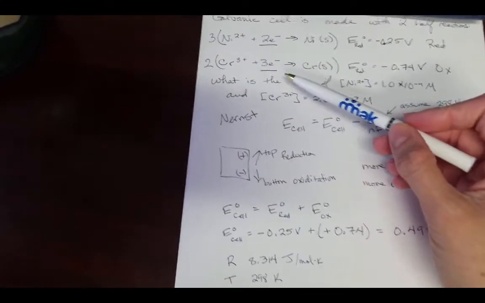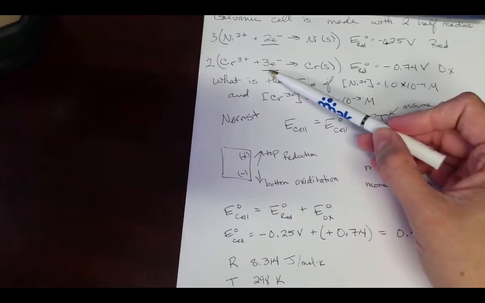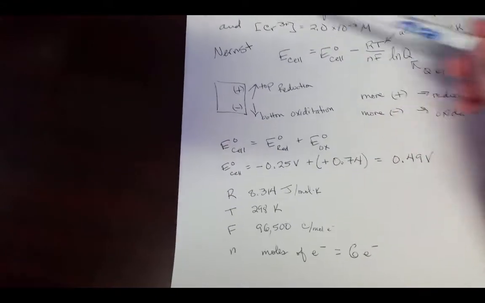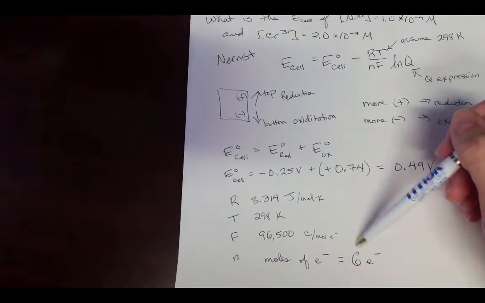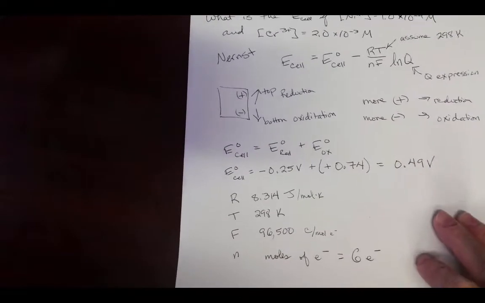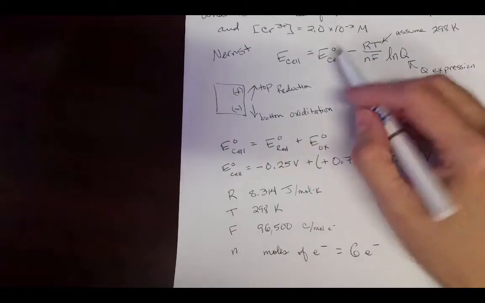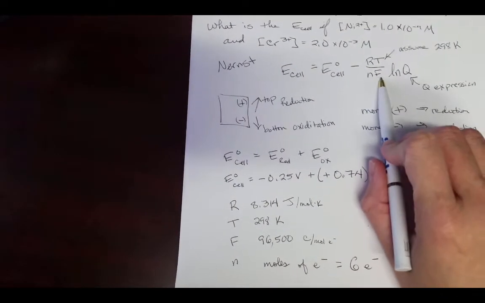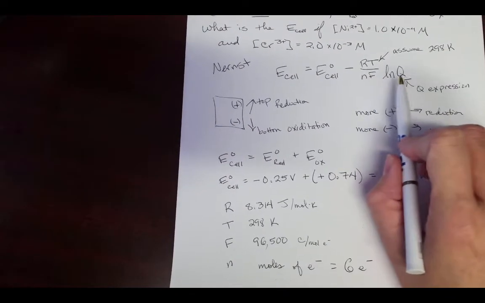So I need 6 electrons in order to make this equation work. And sure enough, for our N, 6 is what we have. So that gets me through E standard of the cell, R, T, N, and F. We're doing really well.